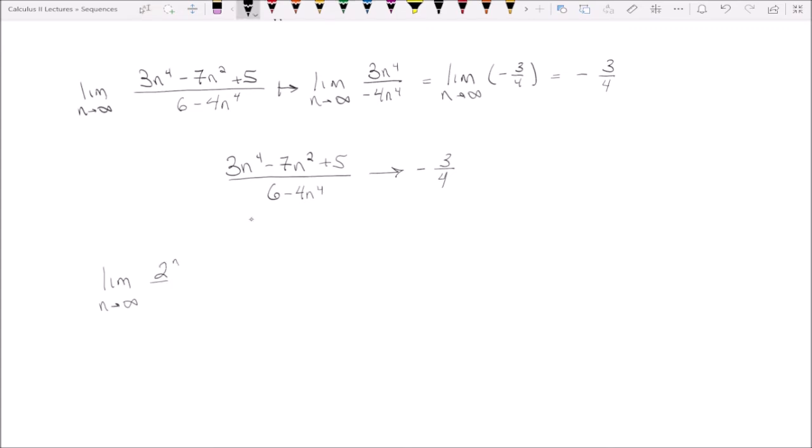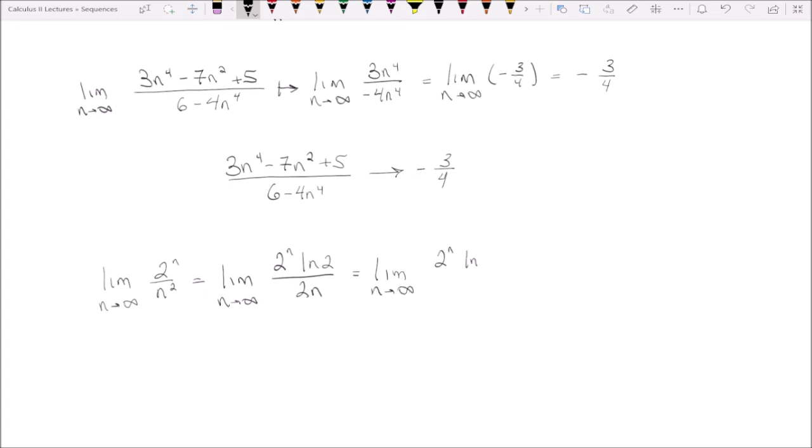What about 2 to the n over n squared? Well, to see that 2 to the n actually increases faster than n squared, we can use L'Hopital's rule. We get 2 to the n log 2 all over 2n. Right, we have to do L'Hopital's rule again.